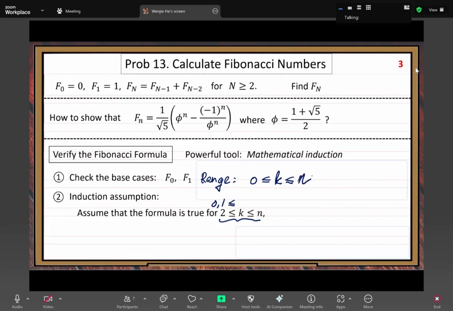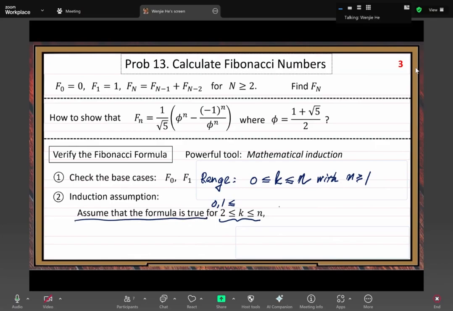With n greater than or equal to 1. This is the range. So we assume the formula is true.